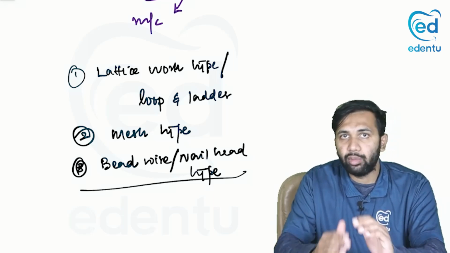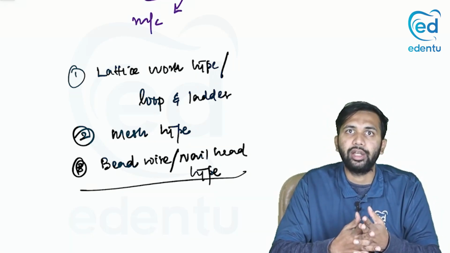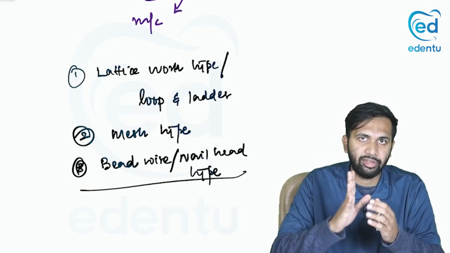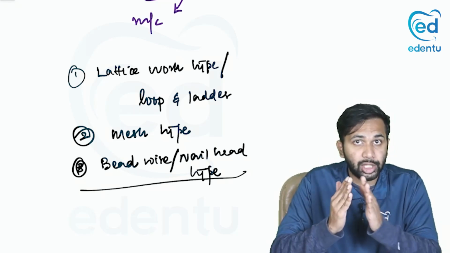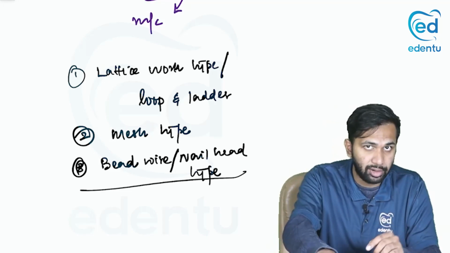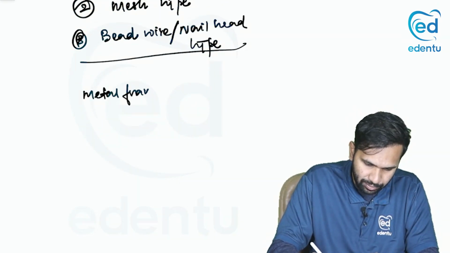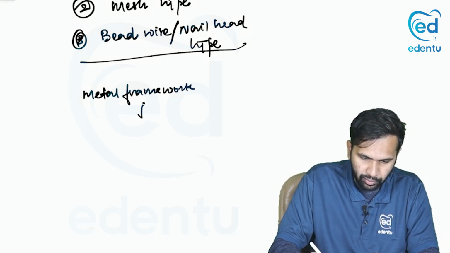So whatever you have done in your 3rd year, final year, internship, all these are your gum strippers. You're just purely made up of acrylic. But your actual RPD, your cast partial denture, comprises a metal framework which is joined to the acrylic.